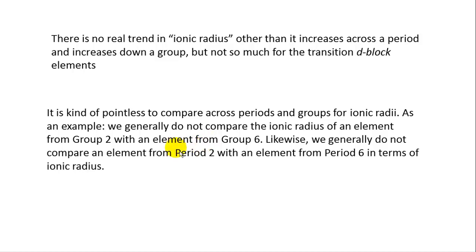In other words, it's really useless to compare an element in group 2, its ionic radius, with an element from group 6. Also, it would be irrelevant to compare an ionic radius from an element in period 2 with an element from period 6. So we can't really compare across groups, and we can't really compare across periods for an ionic radius.